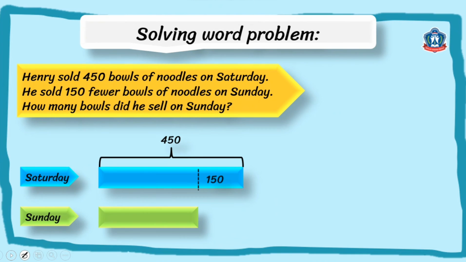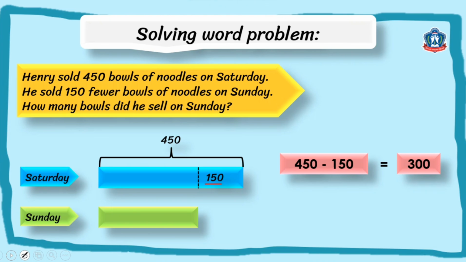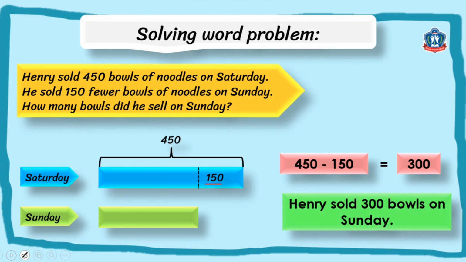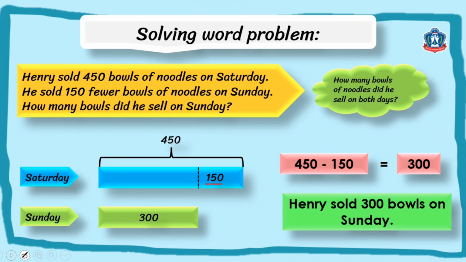Sunday is fewer than Saturday by 150. So how to get Sunday? Yes, we will subtract. So 450 minus 150 is 300. So Henry sold 300 bowls on Sunday. Now we have Saturday, which is 450, and Sunday is 300. Now I have a question. How many bowls of noodles did he sell on both days?